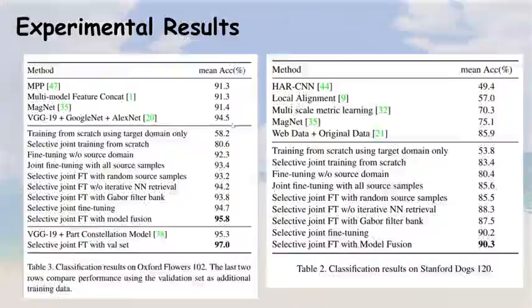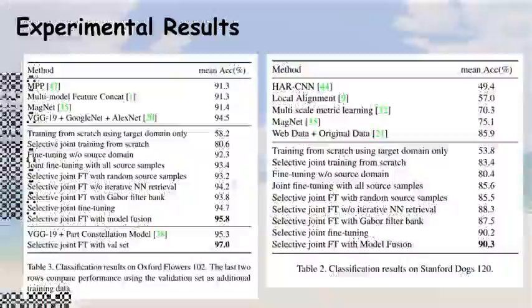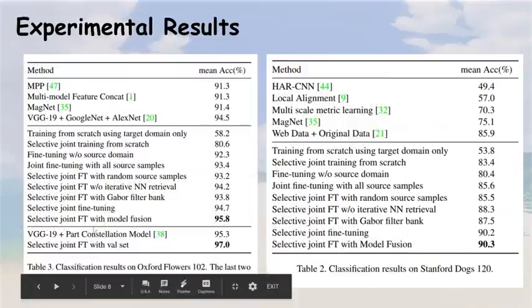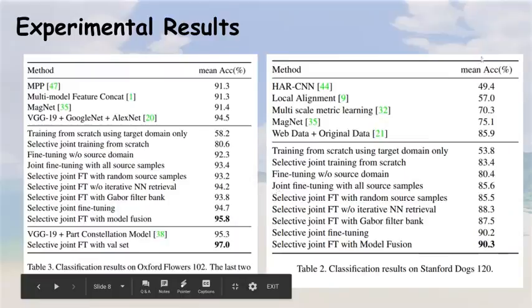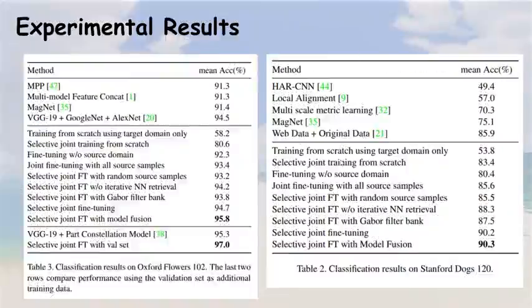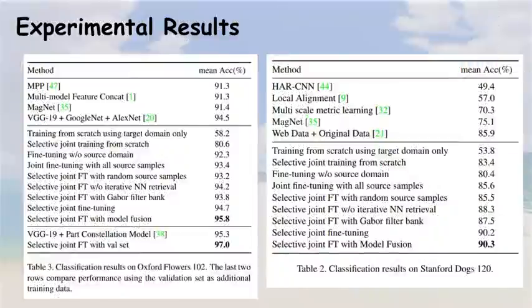Selective joint training from scratch did better. So in general, stacking these methods is squeezing out a little bit of additional performance, and finally theirs seem to do the best here. So hopefully some of that made sense. There was a lot going on with this paper and not a lot of time to explain it, but hopefully you learned something from that.